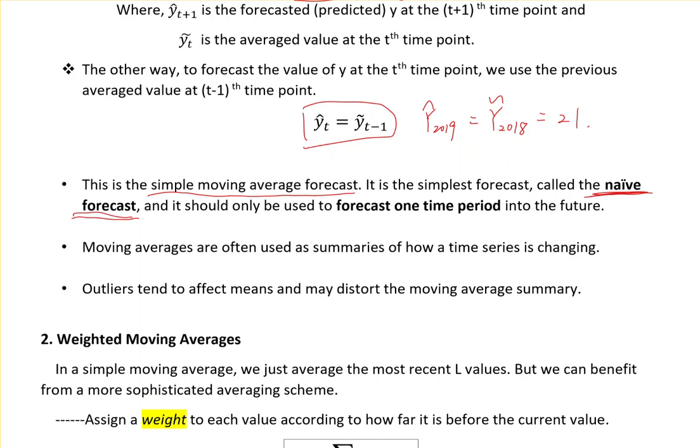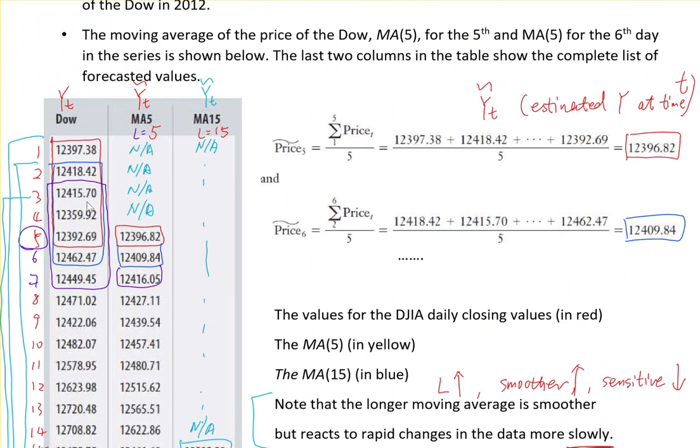All right, okay. So the moving average is often used as a summary of how a time series is changing, and of course the outliers will change the prediction a lot, because if you have an outlier here, if you have a very big value for this observation, then your average will change much more than that, right?